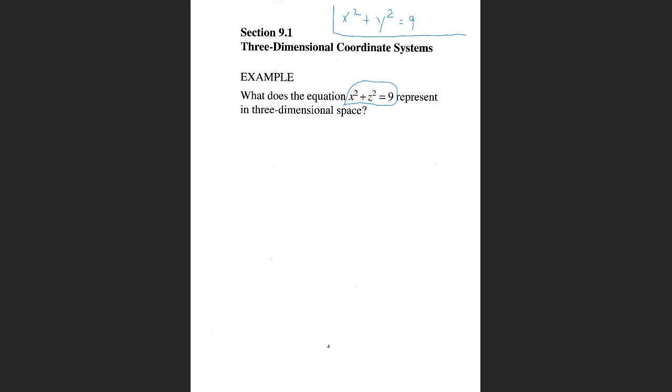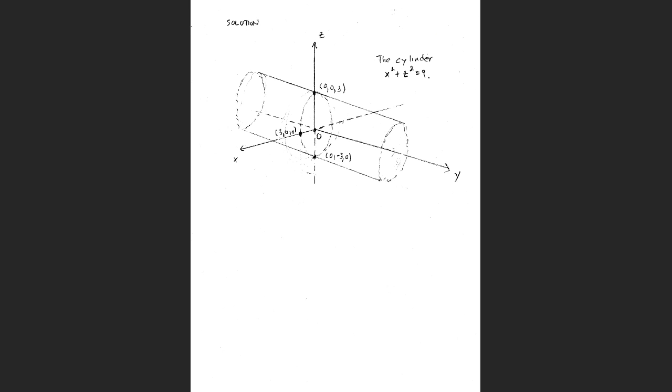And Christopher, very good. So if we look at a little picture here, I've drawn that cylinder. In the xz plane, I drew a circle that satisfied this equation. But since y can be any value, we can shift the circle along the y-axis to the left of the origin and to the right of the origin.